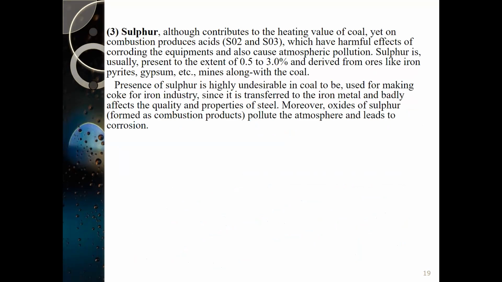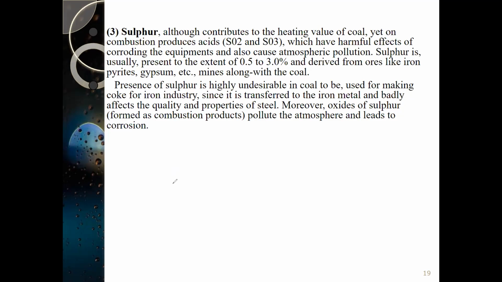So next, let us see the significance of sulfur. Simply, I will tell what the significance of sulfur is. Sulfur is one of the harmful compounds. It pollutes the environment by releasing oxides of sulfur. So what are the oxides of sulfur?